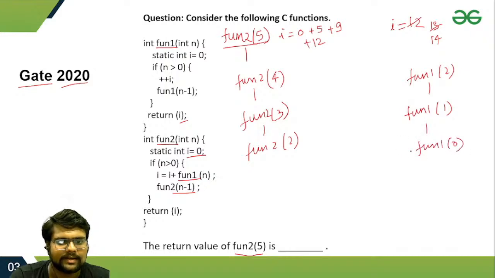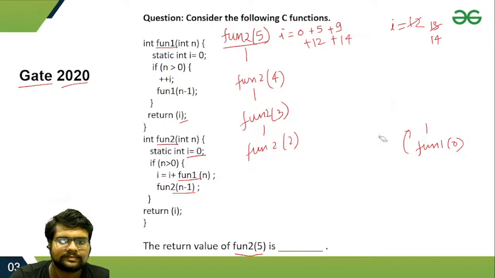Now this will get returned because the base condition is, when n is greater than 0 we continue, but n is 0, so we will just return the value of I, which is 14. Again 14 is returned here, so we will add 14. Let me erase all this. The current value of I is 14 for fun1.